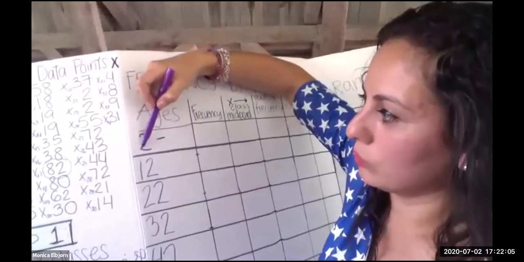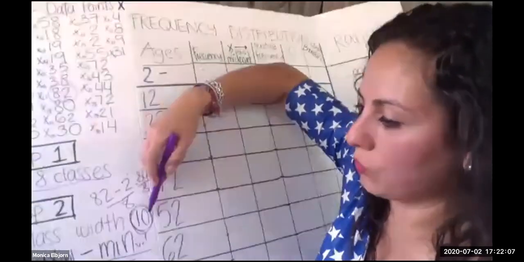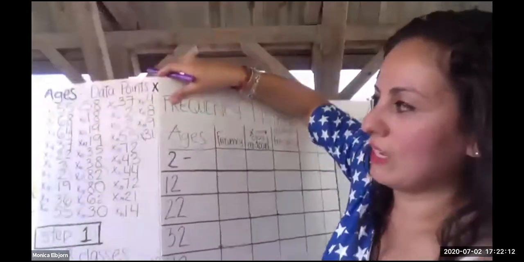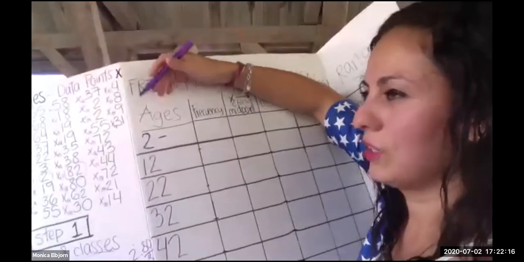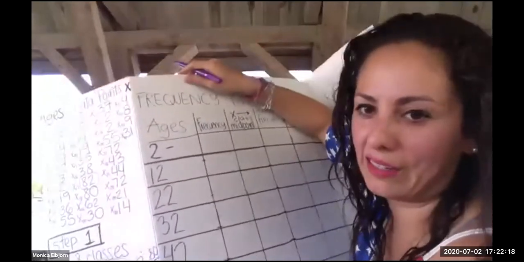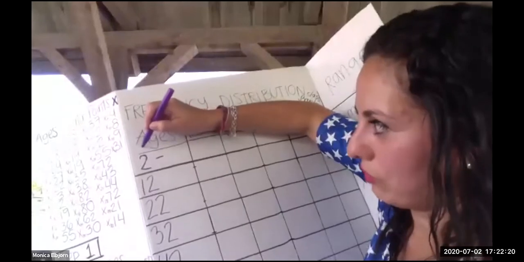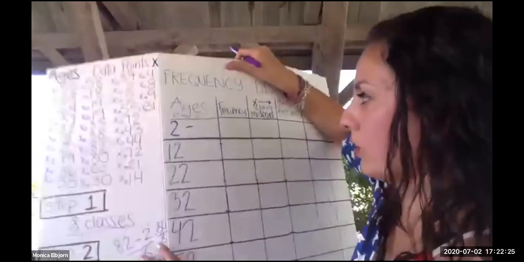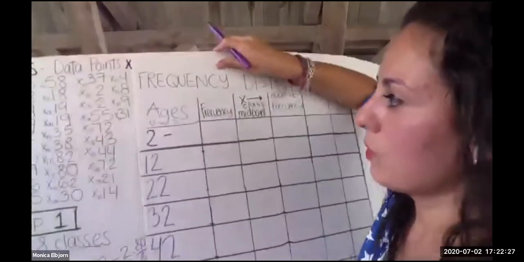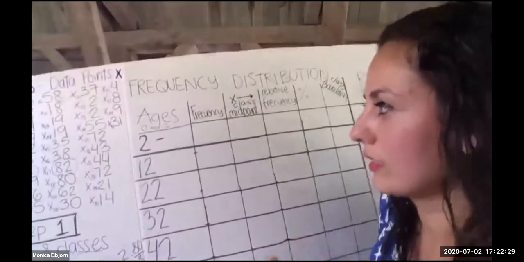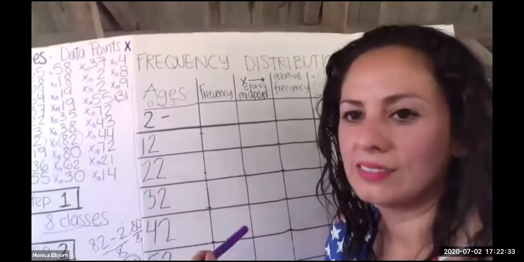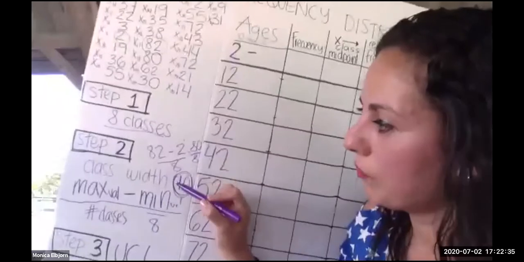So below the 2, if we subtract the width, 2 minus 10 will be minus 8. But since we're talking about ages, it cannot be negative. So here we're gonna have another class that's 0 to 2. Okay, so can someone tell me what will be the number here? So what would be our upper class limit?